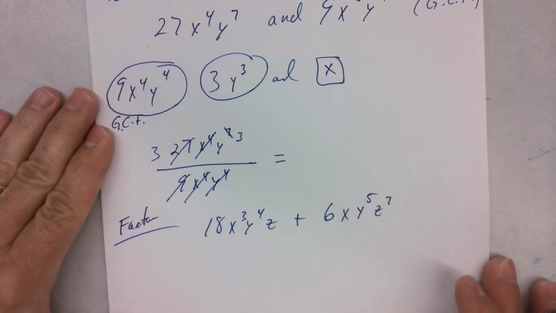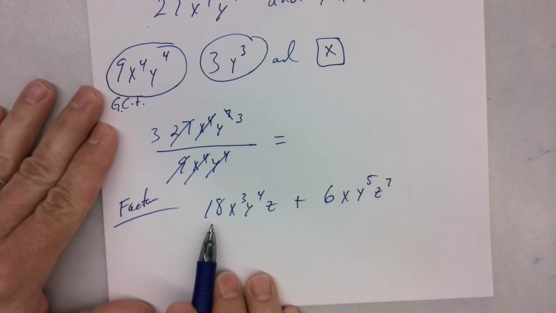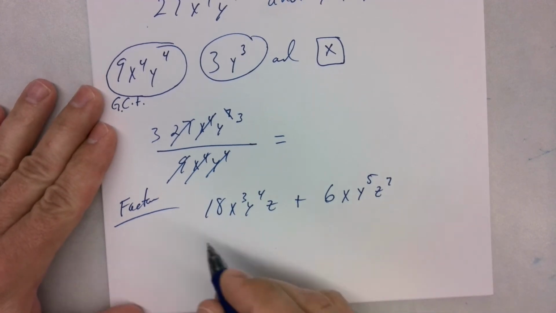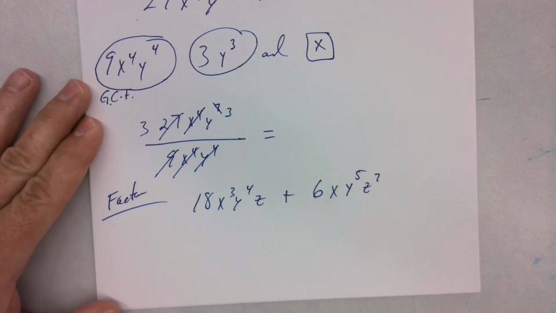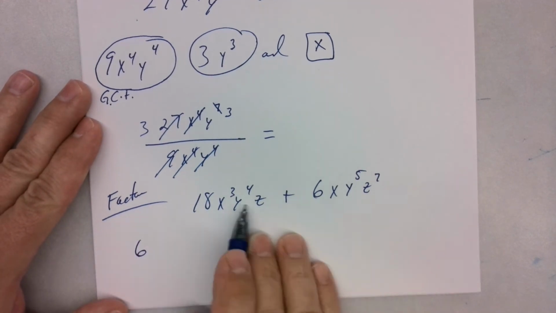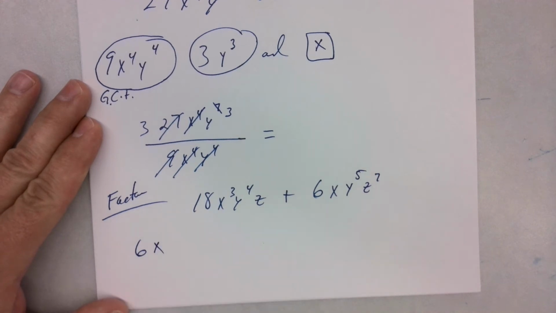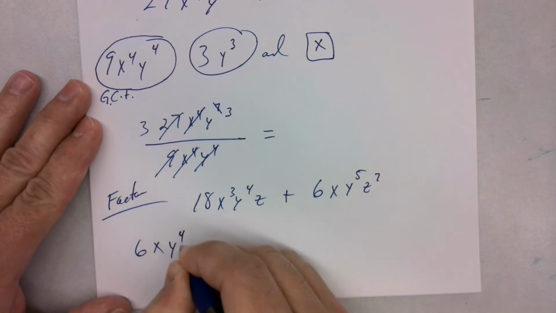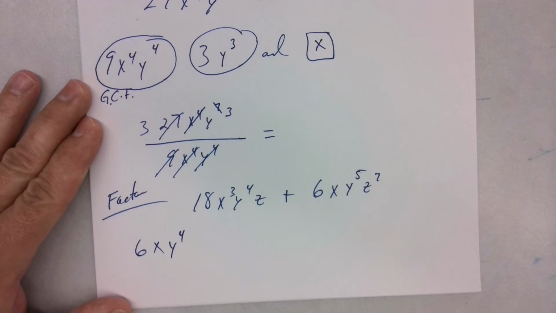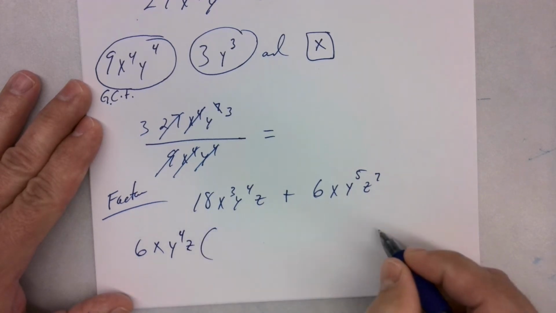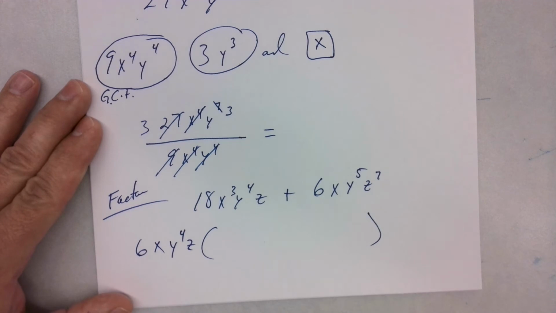So what is going to be my GCF that I'm going to write out front here? 6 will go into both of those. An x will go into both. Y to the 4th will go into both. And a z. Now I'm left with some stuff. How do I get it?